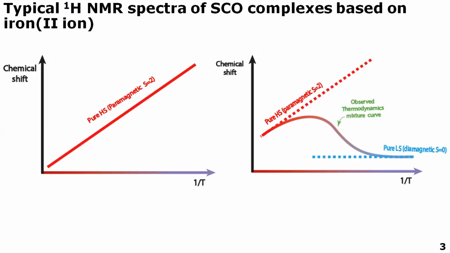If spin transition is present, this dependence is averaged over two spin forms of iron, low spin that is diamagnetic and high spin that is paramagnetic.